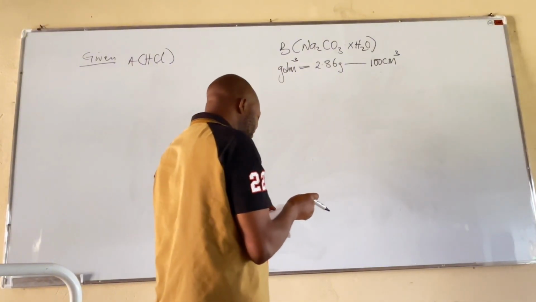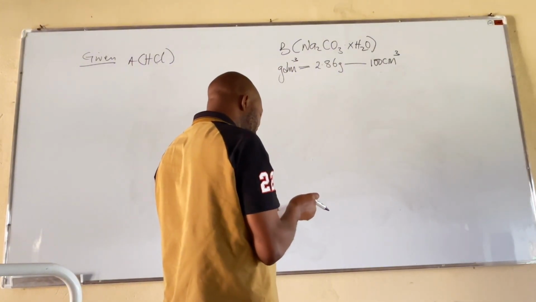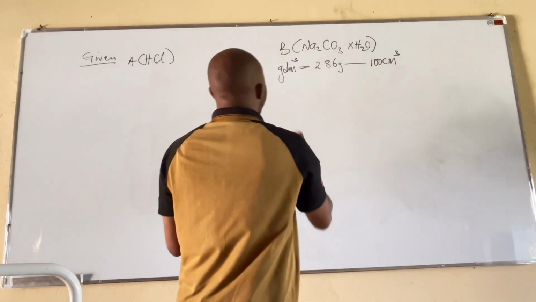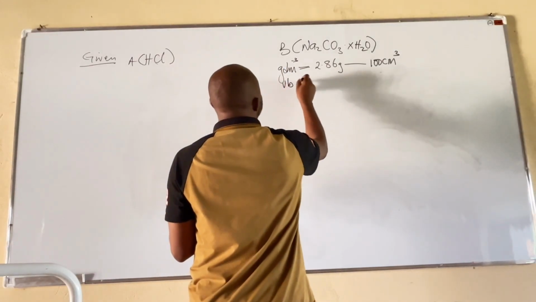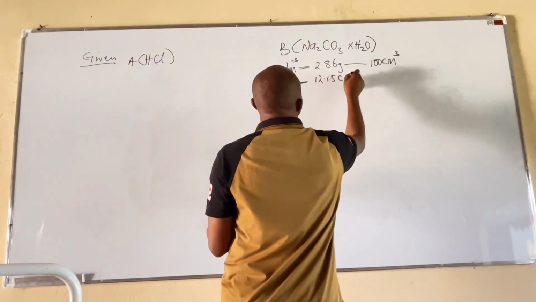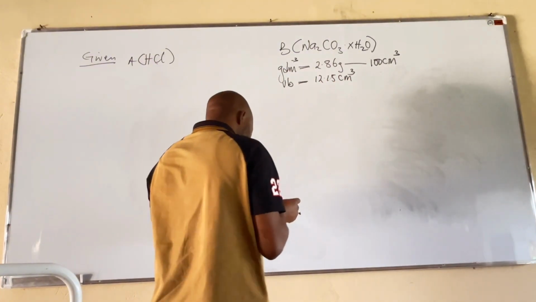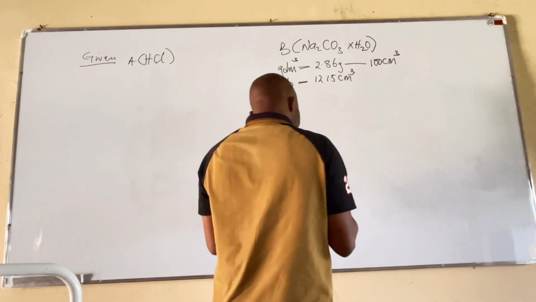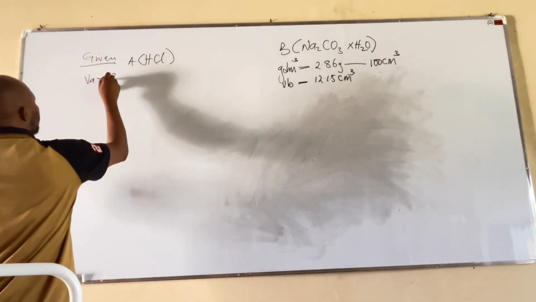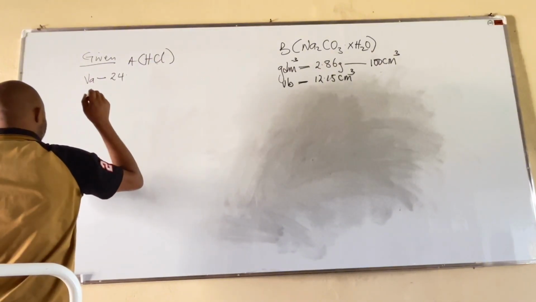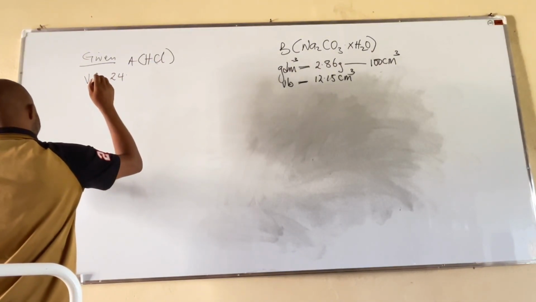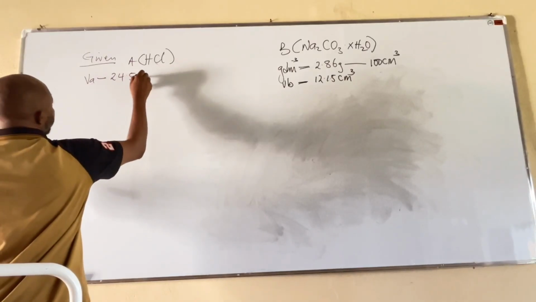Then 12.15 cm³ of this solution neutralized 24.5 cm³ of the acid. So the volume of the base, VB, is 12.15 cm³. This neutralized the acid, the volume of acid is 24.50, okay, 24.5 cm³.